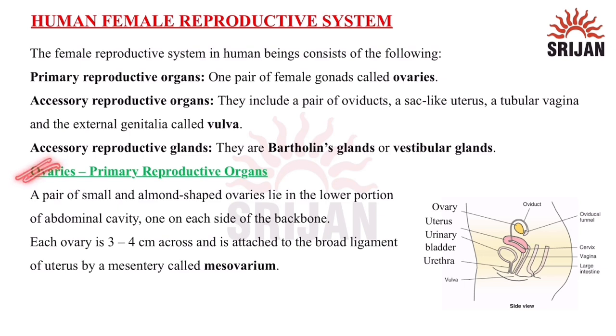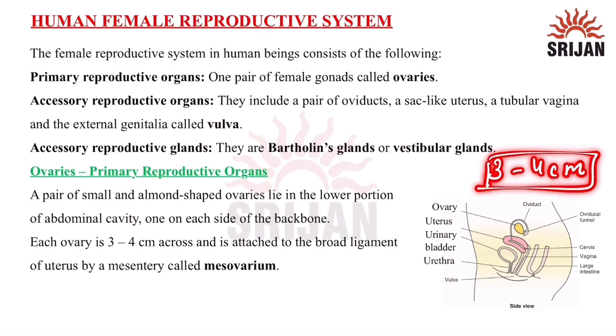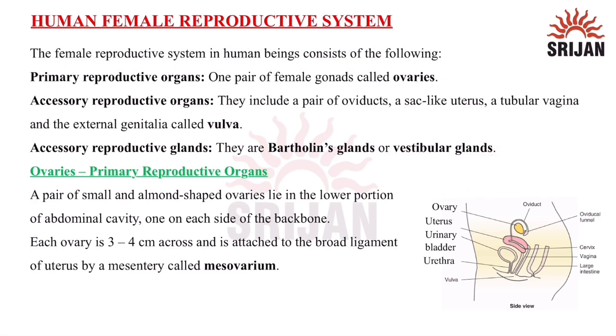Now, the ovaries, which are the primary reproductive organ, are a small pair of almond-shaped structures which lie in the lower portion of the abdominal cavity, one on each side of the backbone. They are 3 to 4 centimeters across and are attached to the broad ligament of the uterus by a mesentery called mesovarium.